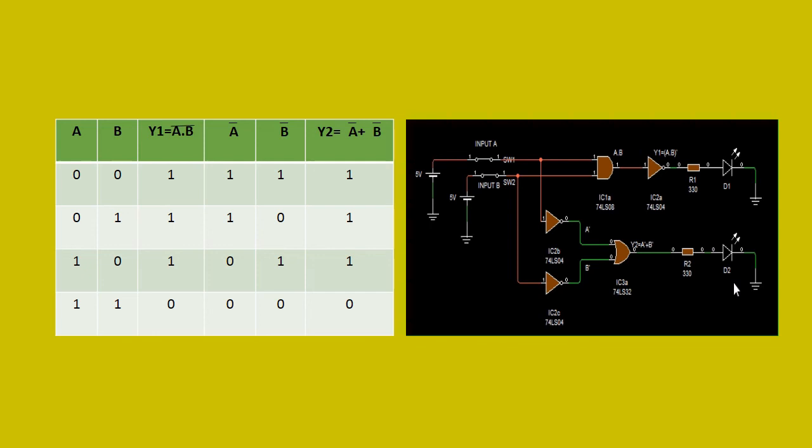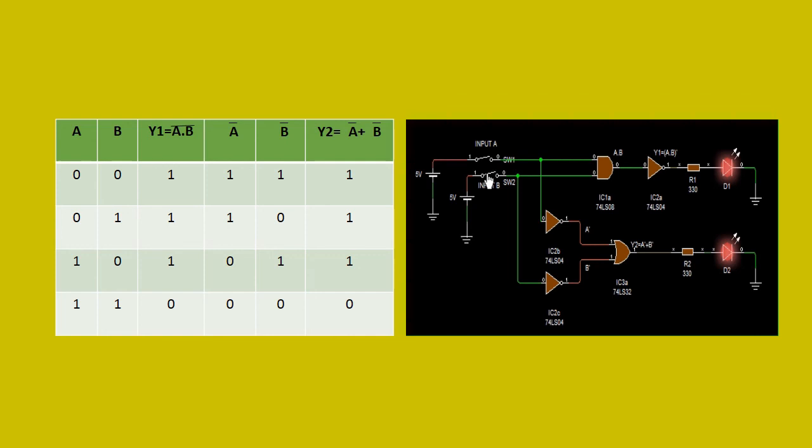Okay. So thus by this process we can easily verify the truth table of the second law of De Morgan's theorem. So what is the first condition? First condition is 0 0 condition. When both diodes are in on condition, D1 is on, D2 is also on. That means Y1 is 1, Y2 is also 1.